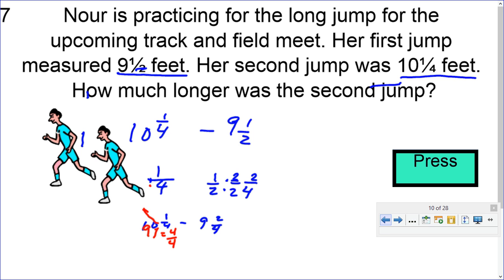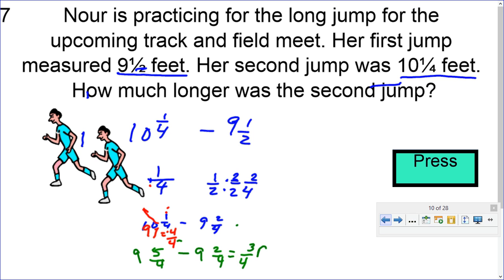And with the 1 I got up here and the 4 I got down there, that would give me a total of 5/4. So that would be 9 5/4 minus 9 2/4. All right, well, 9 minus 9 is 0, and 5/4 minus 2/4 would give me 3/4.